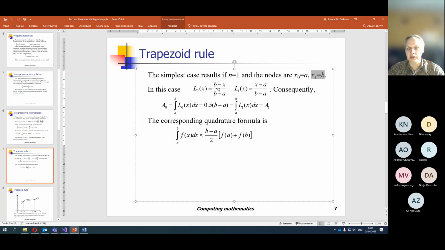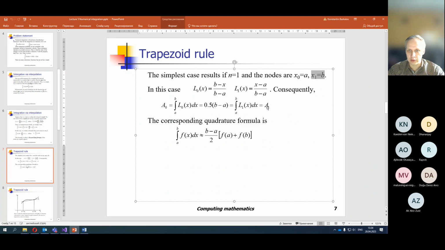b minus x over b minus a, and x minus a over b minus a. If we find the integral from a to b of L0 of x dx and the integral from a to b of L1 of x dx, these two values will be equal.